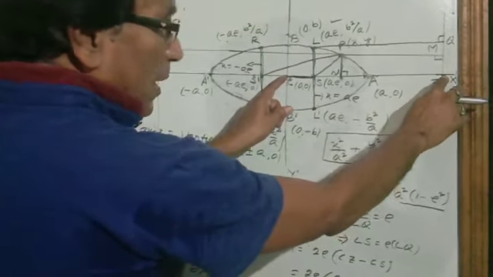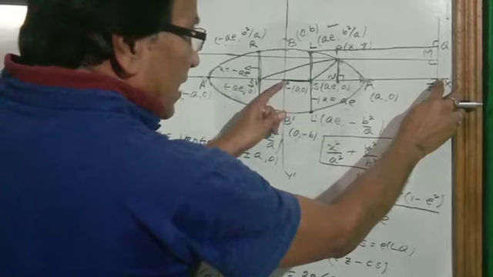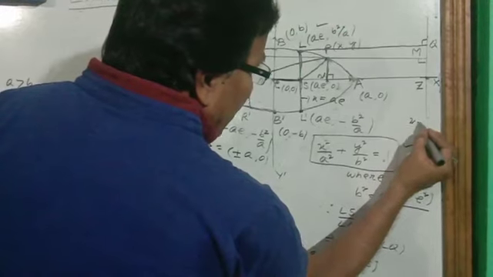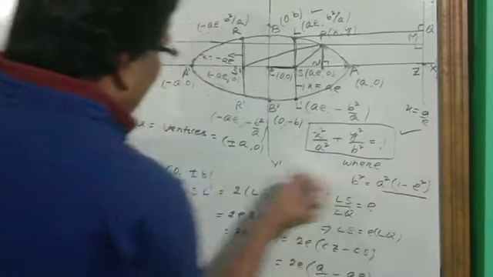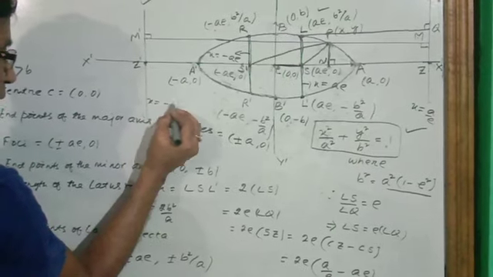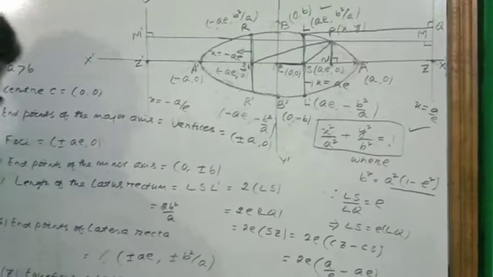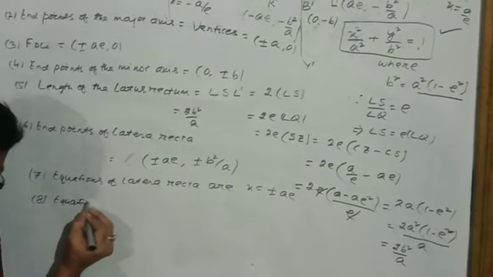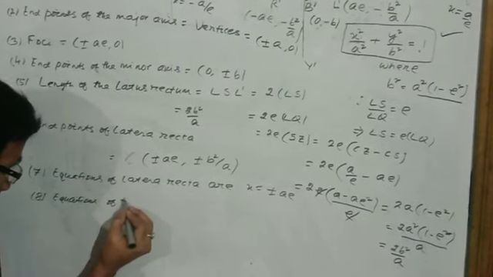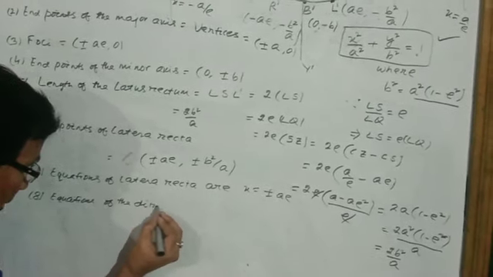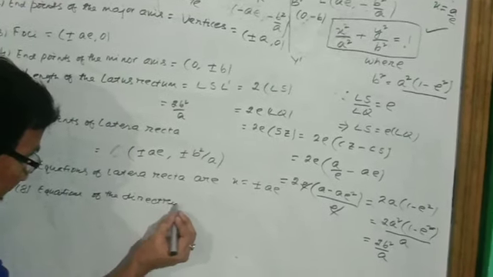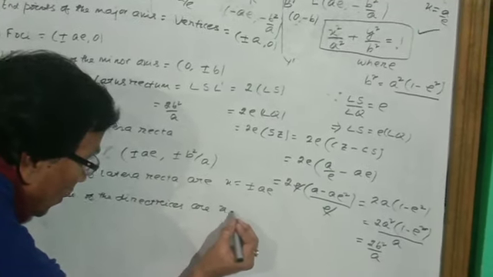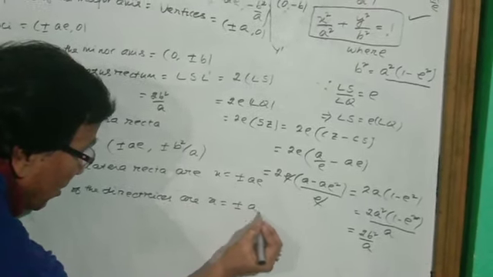We know that the CZ distance is A by E. So this distance is A by E, and this distance is also A by E. Its equation is x is equal to A by E, and the other directrix equation will be x is equal to minus A by E. So the equations of the directrices are x is equal to plus minus A by E.